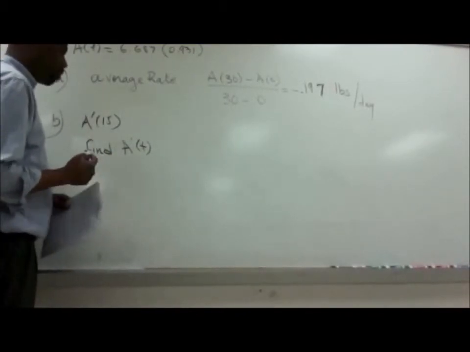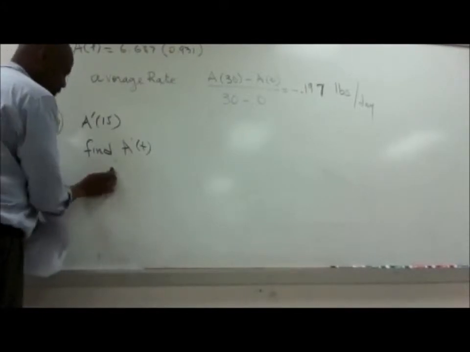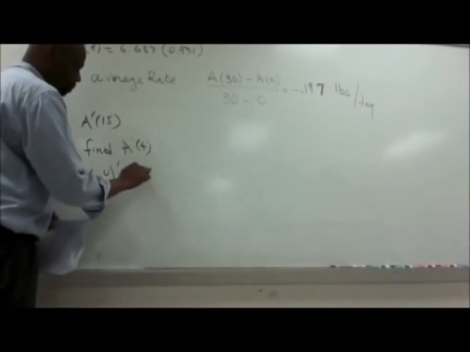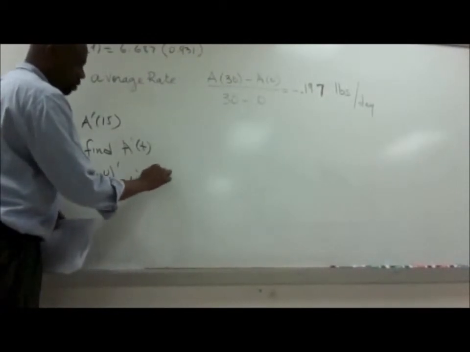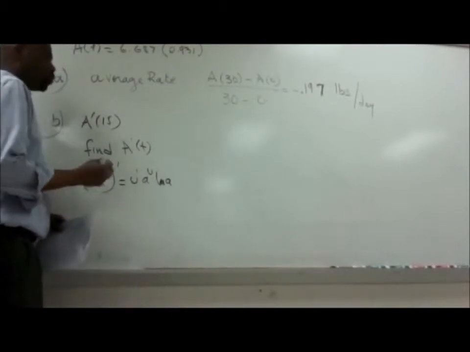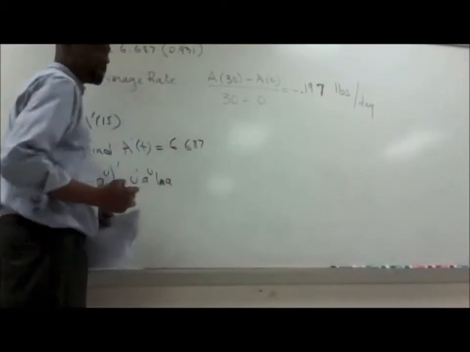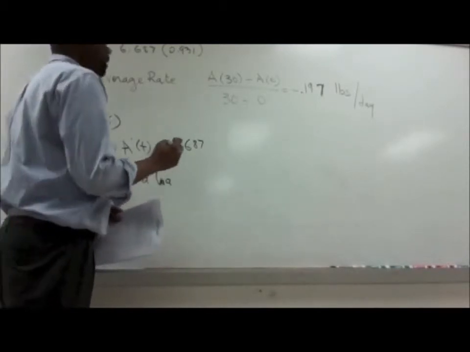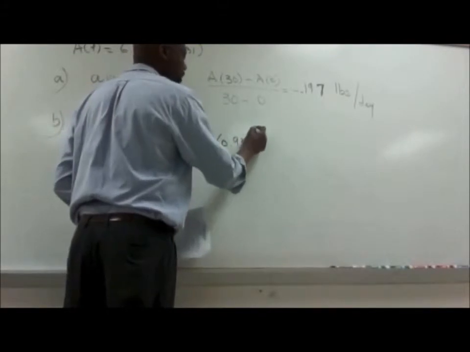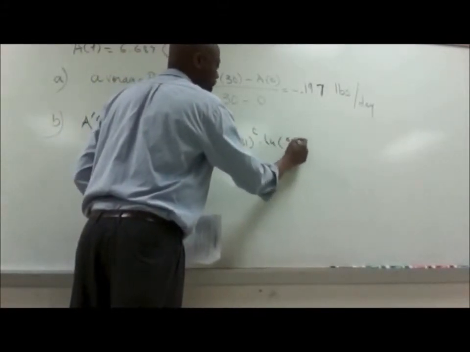I'm using a^u. The derivative of a^u is u' a^u ln a. So A prime will be 6.687, the constant, you don't have to worry about it, multiplied by 0.931^t times ln 0.931.